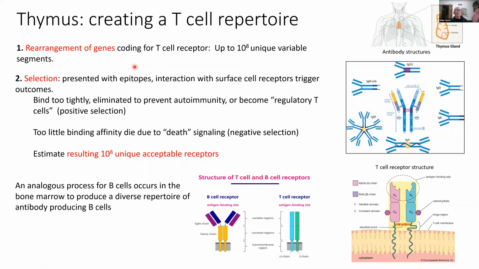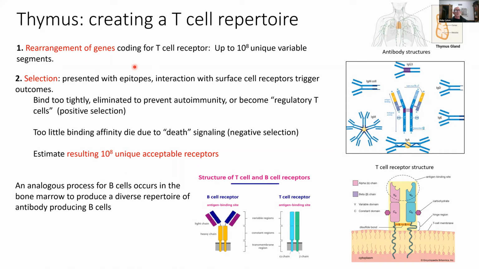Now, partly related to the concept of tolerance, there's a second function that happens in the thymus, and that is selection. And it's not only because of tolerance, it's because of effectiveness of the gland.